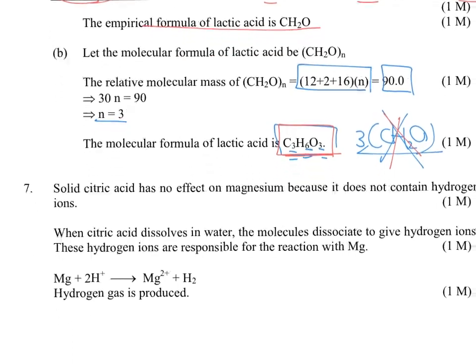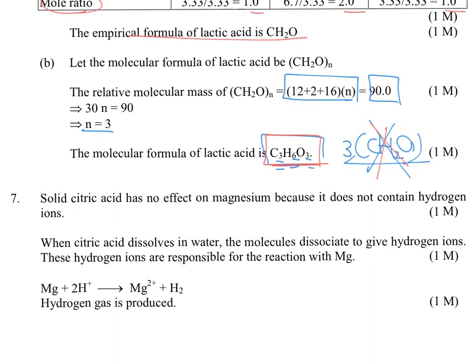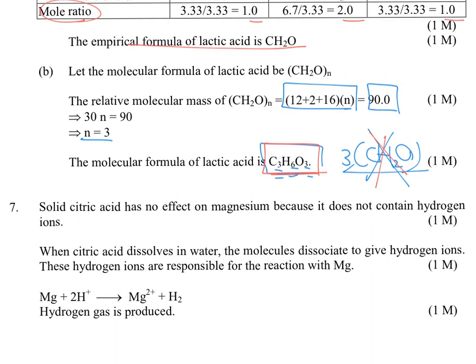Next one, try to explain why solid acid has no effect on magnesium ribbon, because you need to answer this way: it does not contain any hydrogen ions. I find that many of you write many sentences, paragraph-length answers, but still miss the important points.